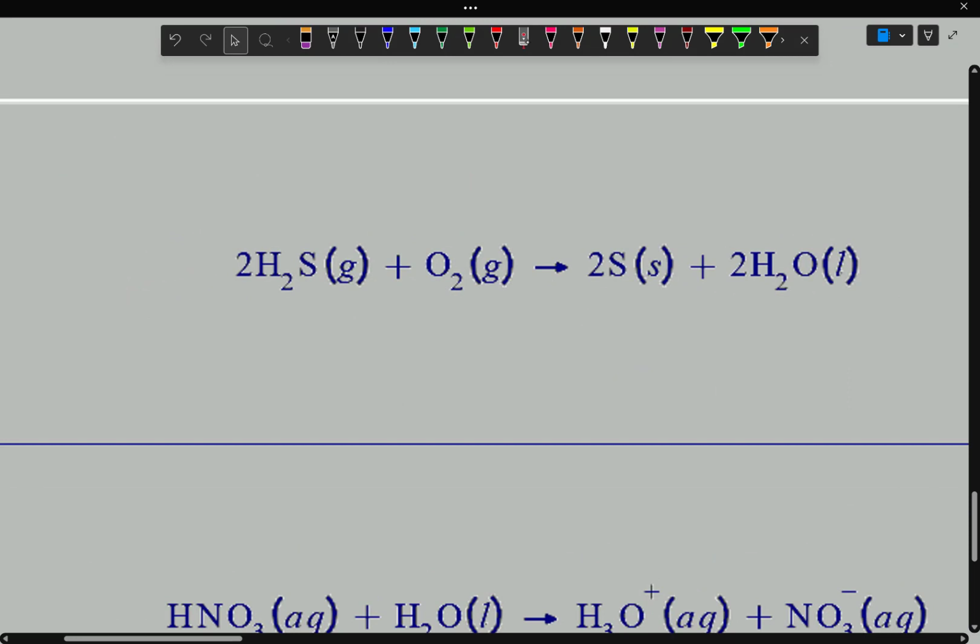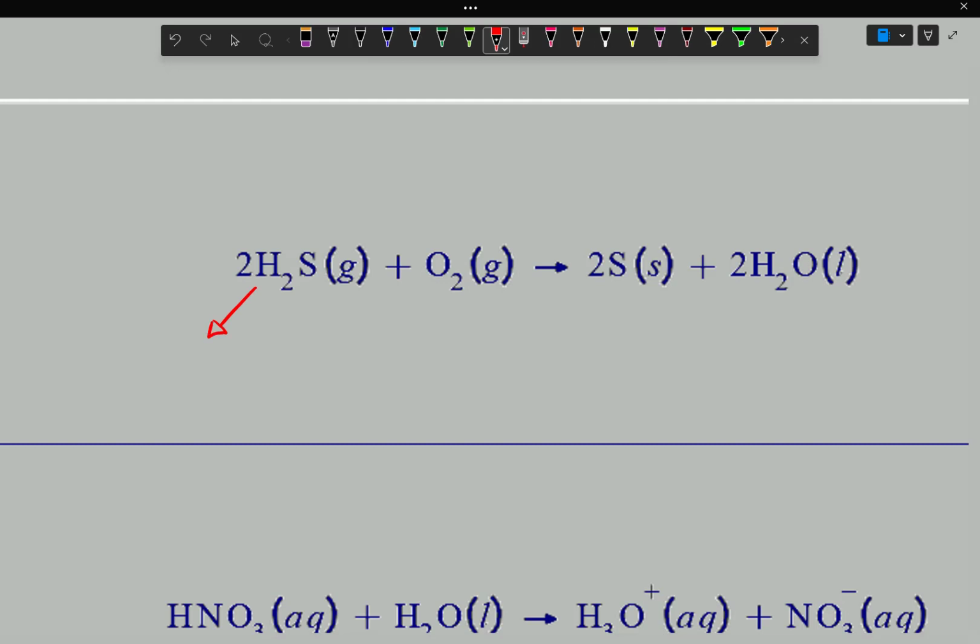So first off, we have hydrogen, which we know has a +1 charge, and we have two of them. So that means that we're going to multiply by 2, giving us a total of +2 for our hydrogen.